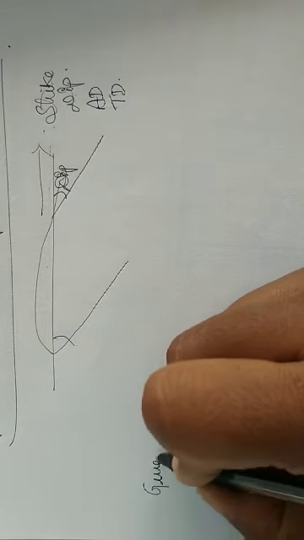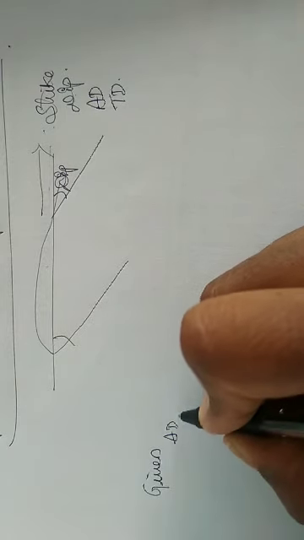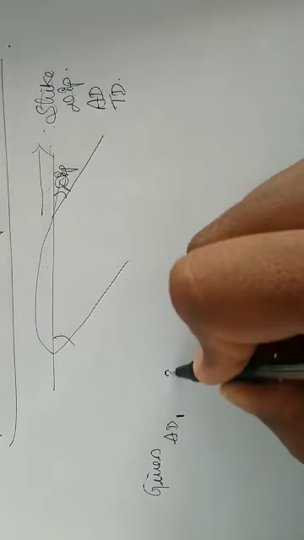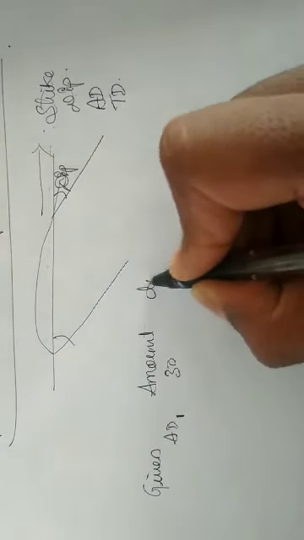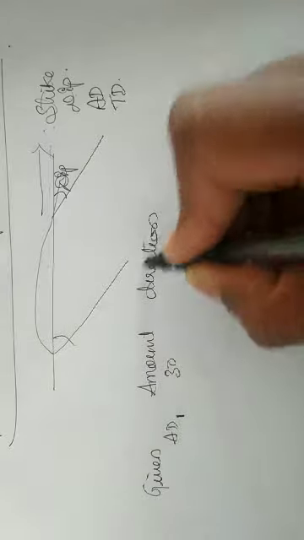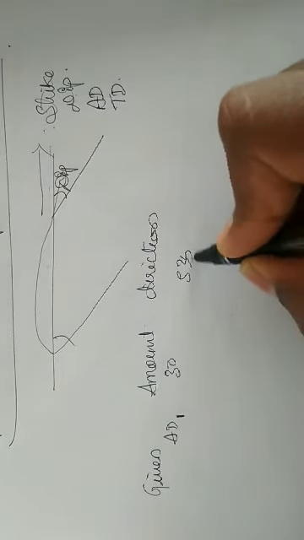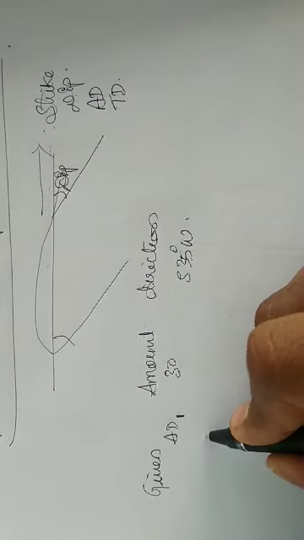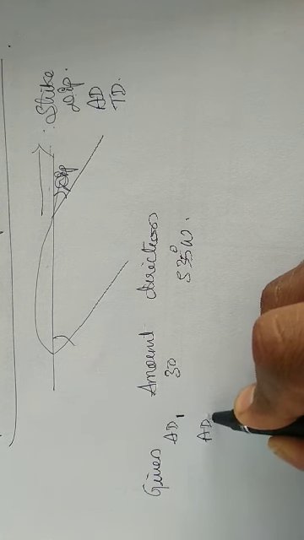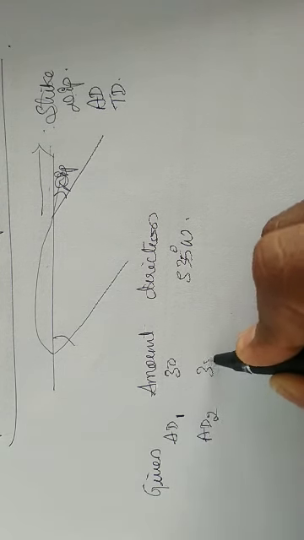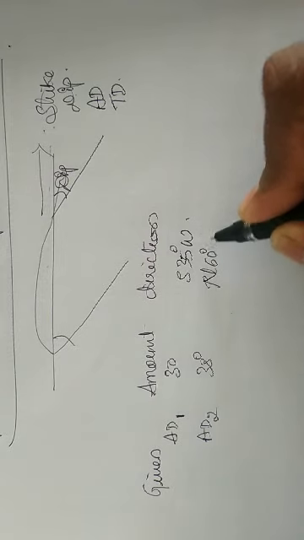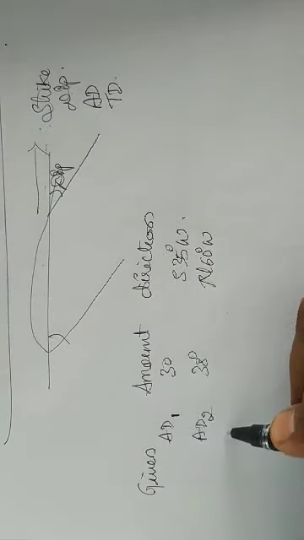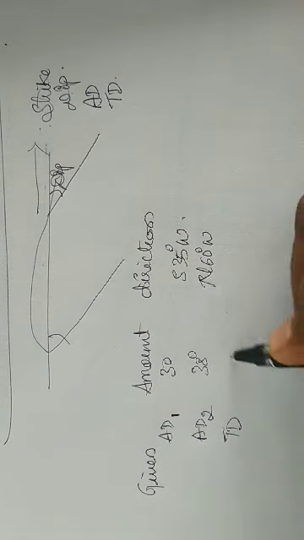The given data is apparent dip 1, the amount is 30 degree and the direction is south 35 degree west. In the same way, the amount of apparent dip 2 is 38 degree and the direction is north 60 degree west. We are asked to find out the true dip amount as well as the direction.